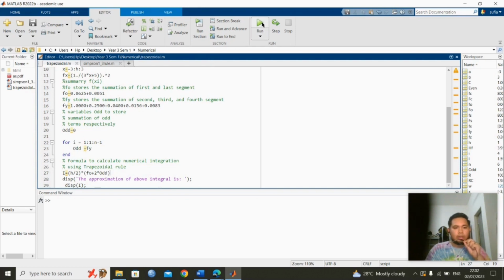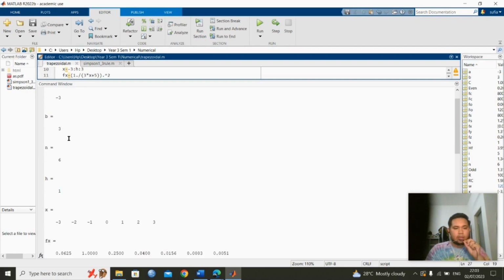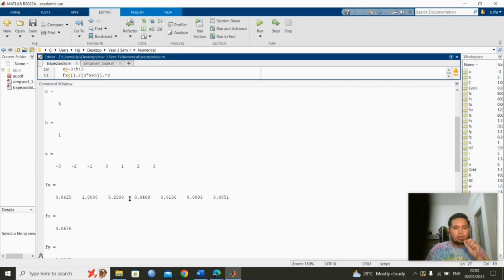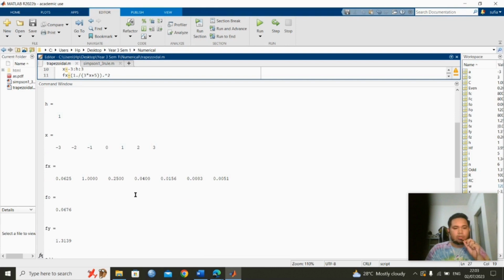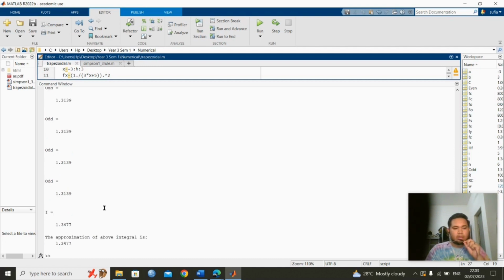When we run it, here we will get 1.3477. So our a is -3, b is 3, n equal to 6, h equal to 1. The x and fx we obtain are the same as the table. Since odd equals fy, the odd sum is 1.3139. So the I value is the same, 1.3477, as the manual calculation.